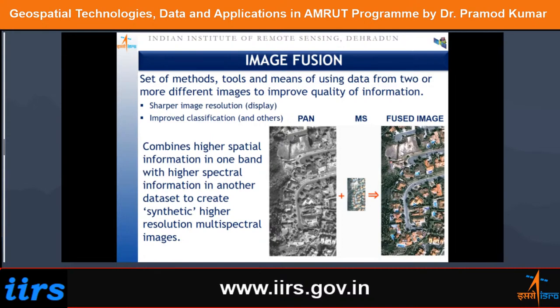The reason is that there are several layers, which I'll come to in the subsequent slide, prescribed for database creation within the AMRUT scheme. We have to put all these layers together, overlay them over each other, and then find out certain characteristics through inter-image manipulation. We can do this within the GIS. That's how GIS has a very important role.